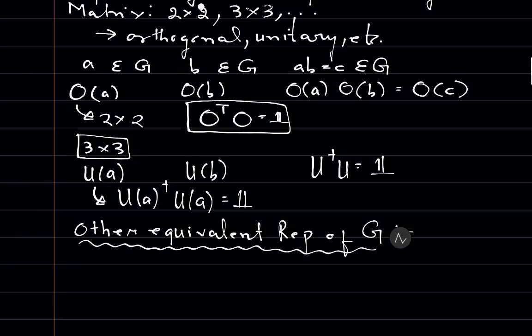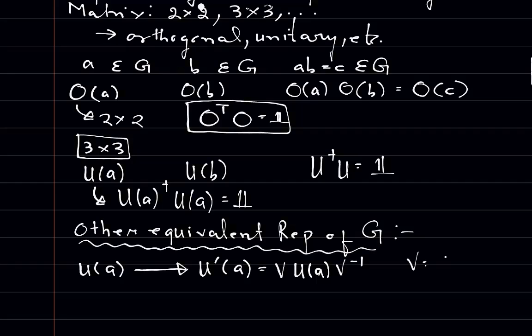You will see a very interesting thing here. Consider U of A is a matrix representation of element A of the group. Then I can find another matrix U prime of A. This is a completely different matrix, but it is also unitary, and I found it by multiplying some matrix V with the old matrix U of A that represents the element A, and V inverse here.